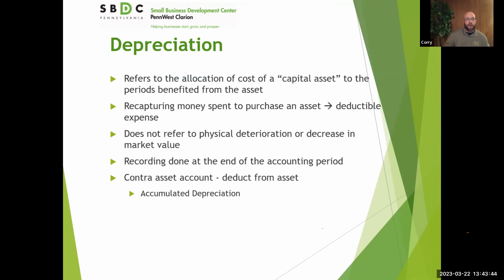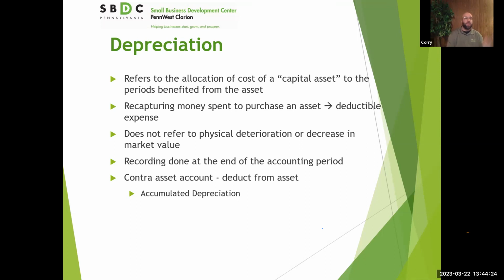If you recall, under cash basis accounting in session 1 last week, when you purchased a $10,000 piece of equipment, you would expense it in the year that you purchased it, because under cash-based accounting, it's cash in, cash out. There are no fixed assets. There is nothing beyond 12 months. Under accrual-based accounting, there are fixed assets and there is depreciation.